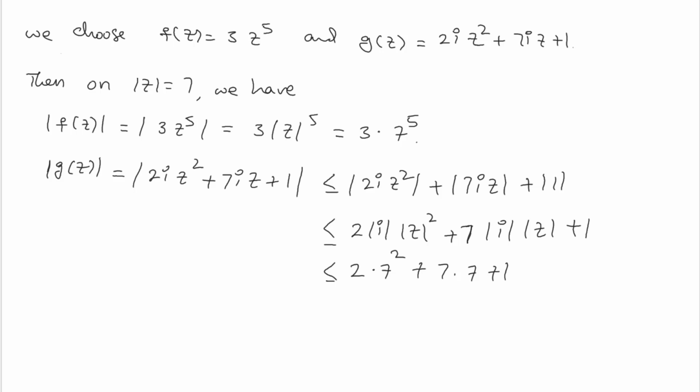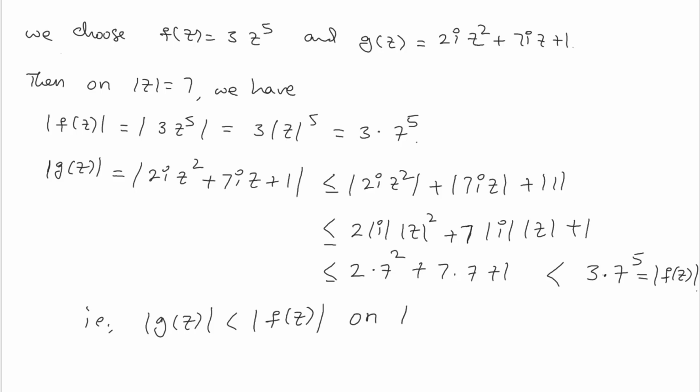Now we can see this value is less than 3 times 7 to the power of 5, which is nothing but the absolute value of the function f of z. So in total we have modulus of g of z is less than modulus of f of z on the circle mod z equal to 7.